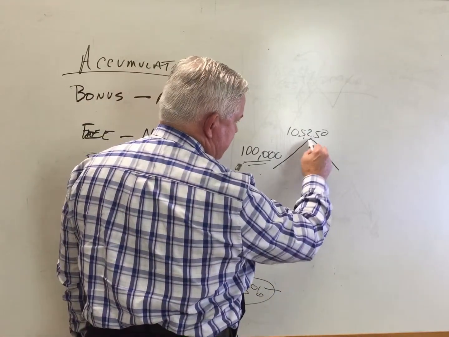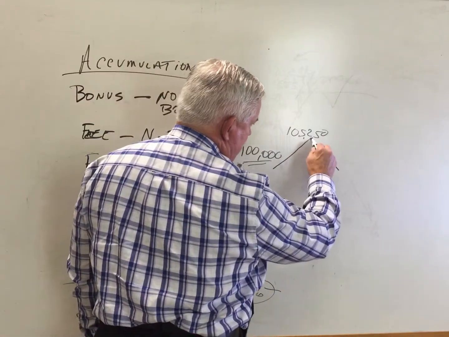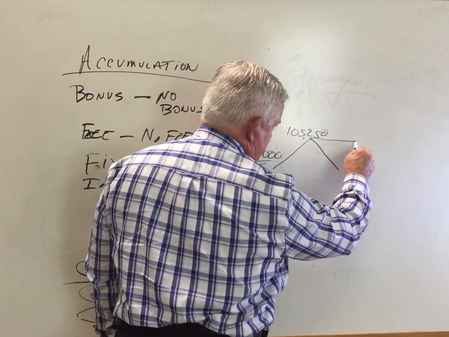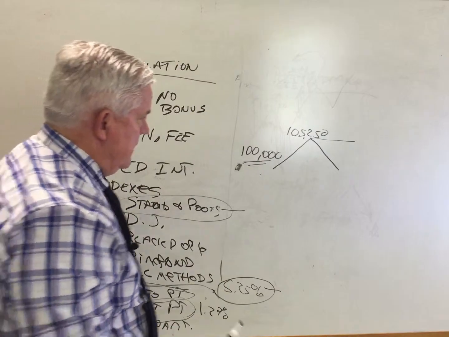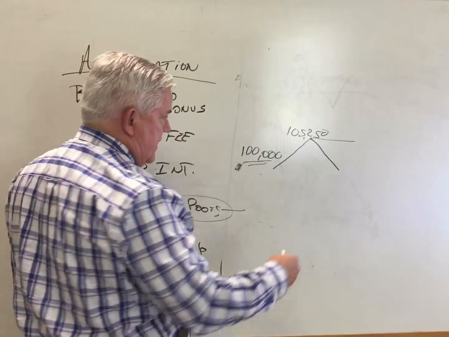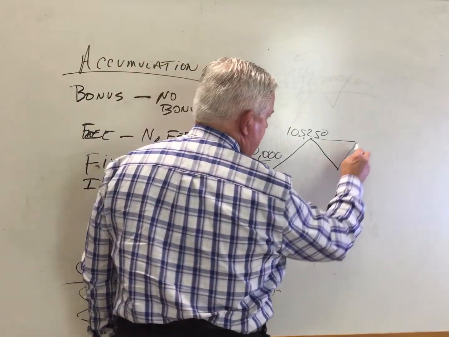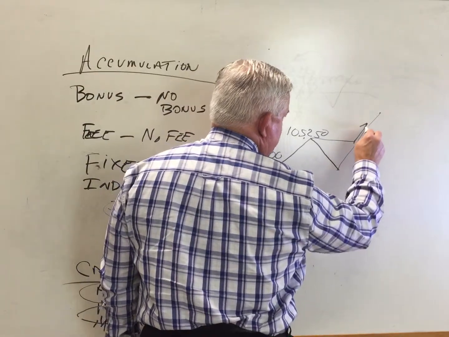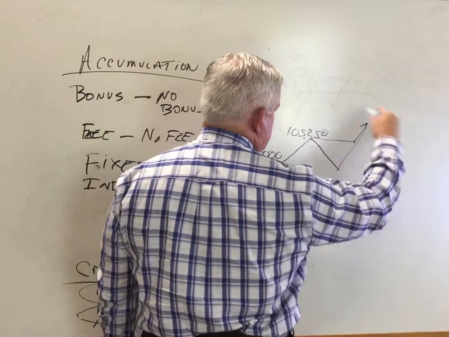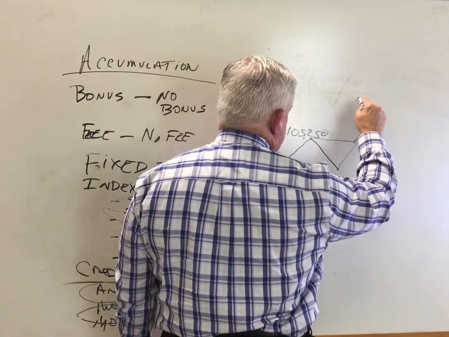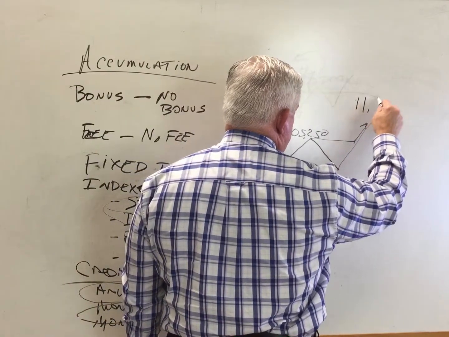So right here, instead of your money going down, you're locked in. You've not lost any money the next year. Say the third year, the stock market goes back up. Well, then your money's going to go back up with it. You're going to get another 5.25%. So at the end of the third year, you're at $110,500.